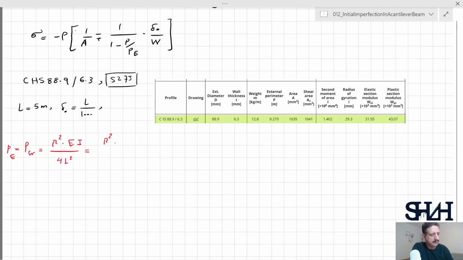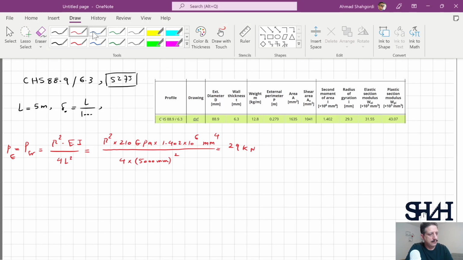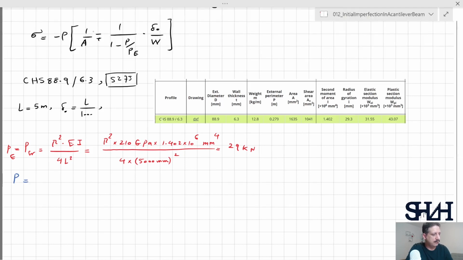Pi square times 210 gigapascal times moment of inertia of 1.402 times 10 power 6 millimeter power 4, divided by 4 times 5000 millimeter squared, gives 29 kilonewton. Now assume that the applied load is 1/3 of this value, which is 10 kilonewton.